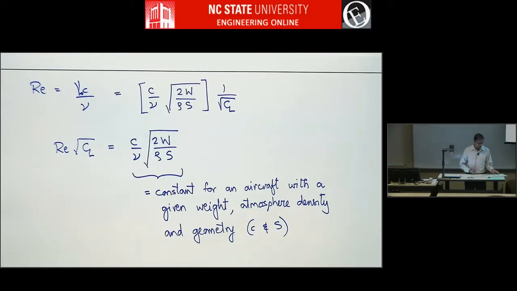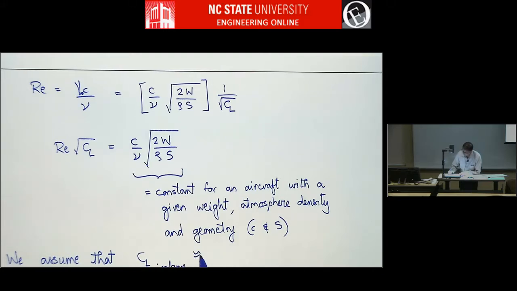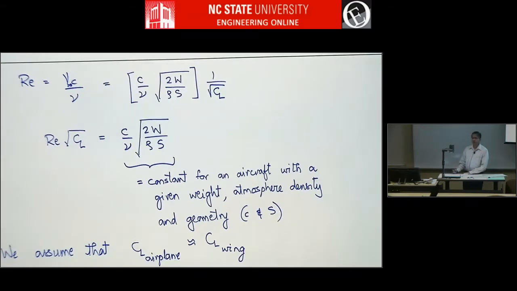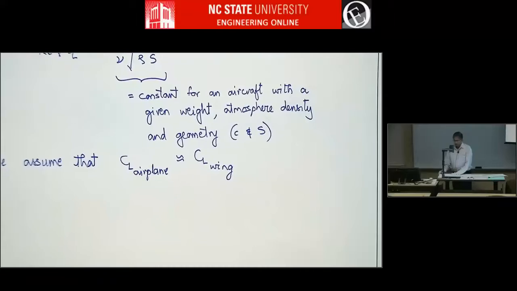So the assumption here is that the lift coefficient of the airplane is fairly close to the lift coefficient of the wing, which is true for most normal airplanes, where the wing is the big lifting surface and the tail is a small lifting surface. So most of the lift of the airplane comes from the wing.